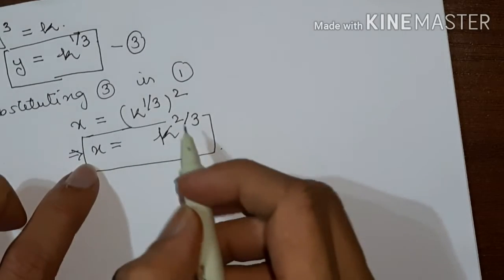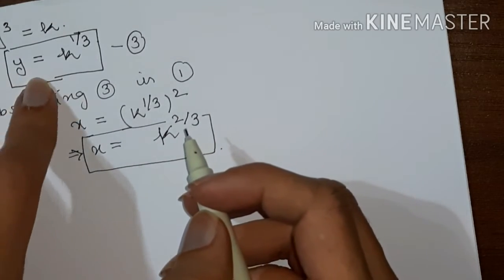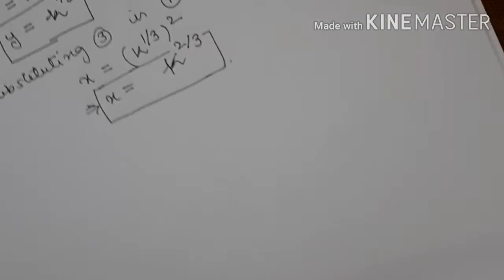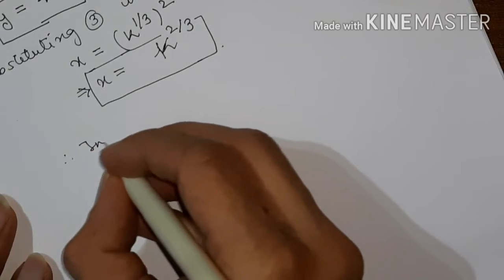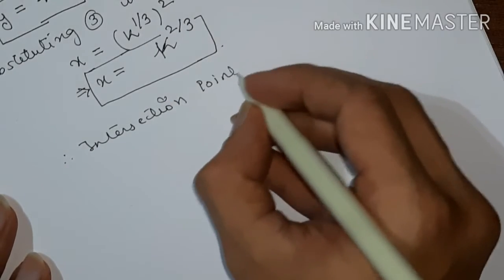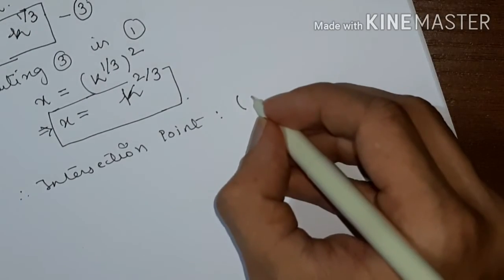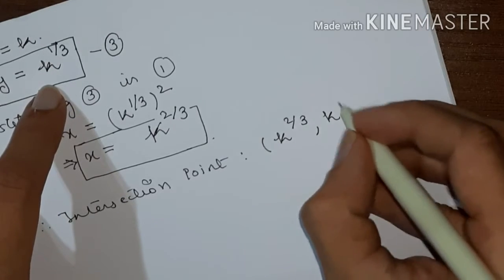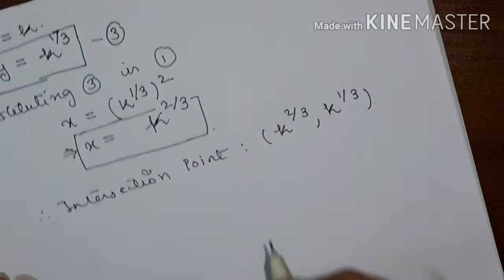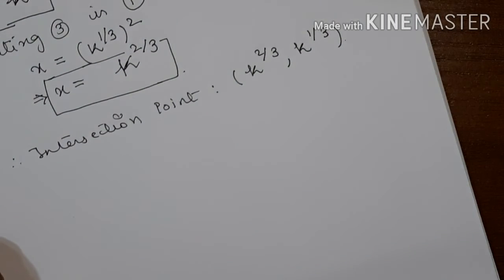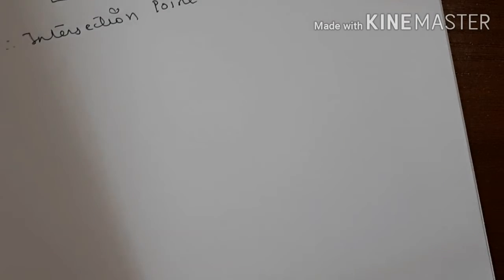So I get x equal to k raised to 2 by 3 and y equal to k raised to 1 by 3. So the intersection point is what? Therefore the intersection point is k raised to 2 by 3 comma k raised to 1 by 3. Now you have to use the given condition, that is they cut each other at the right angles.